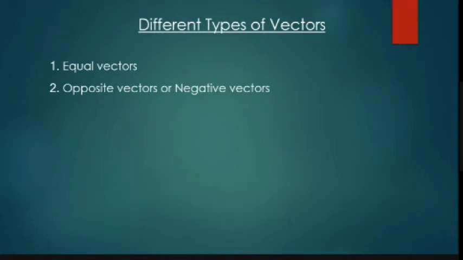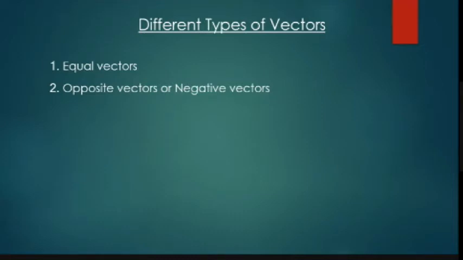How can magnitude be opposite? Magnitude does not have any direction. Magnitude means only the value. 4 is a value, isn't it?